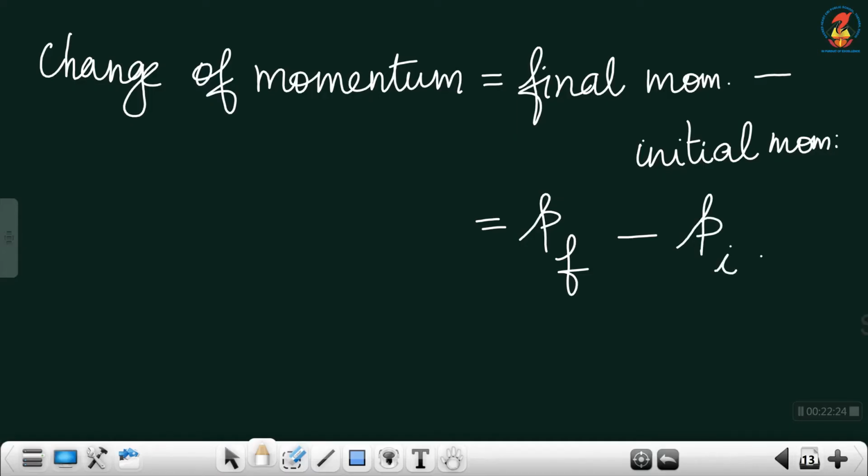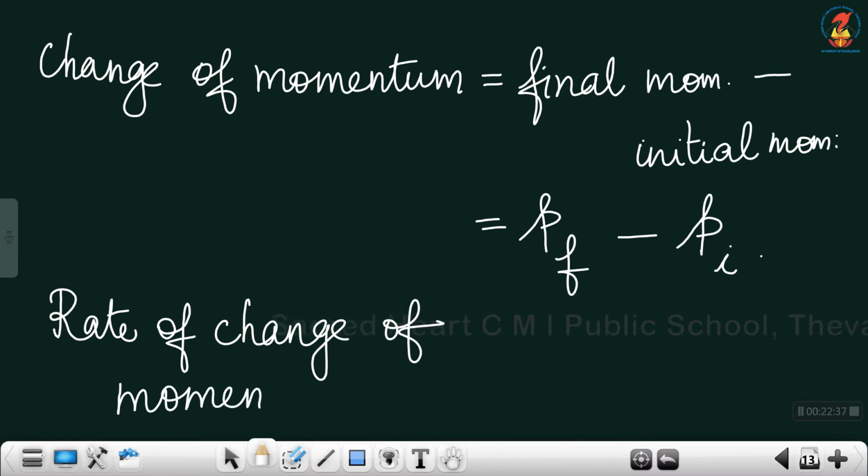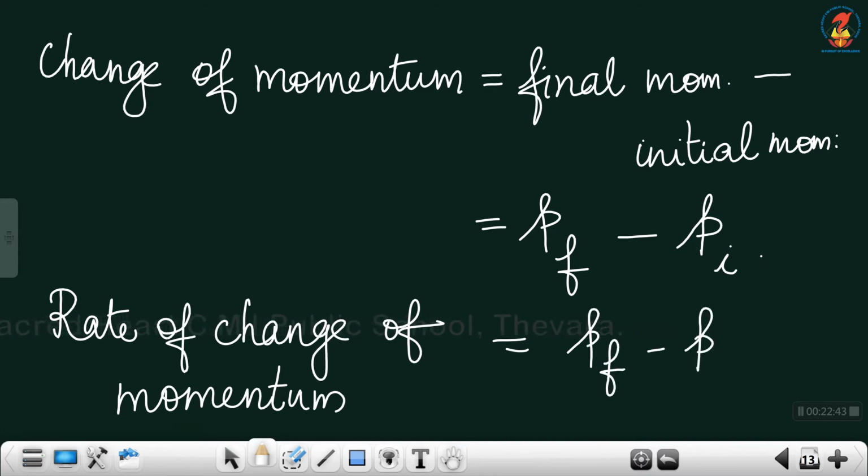Now, according to the statement, rate of change of momentum. Change of momentum is Pf minus Pi.